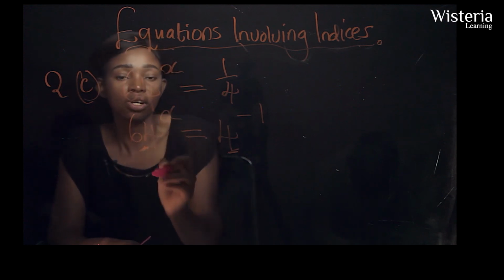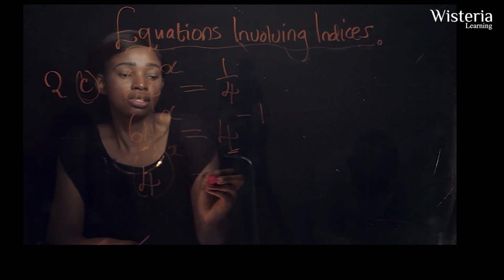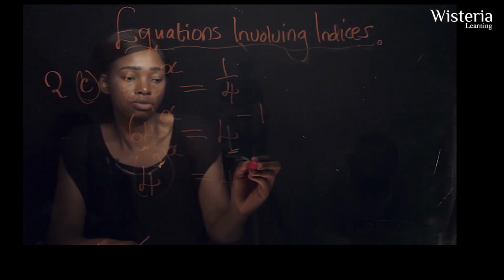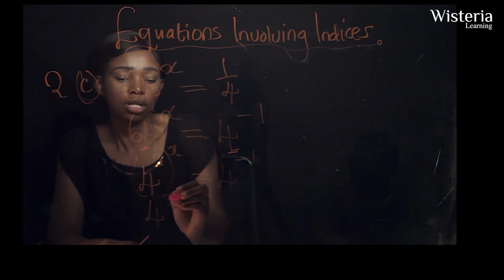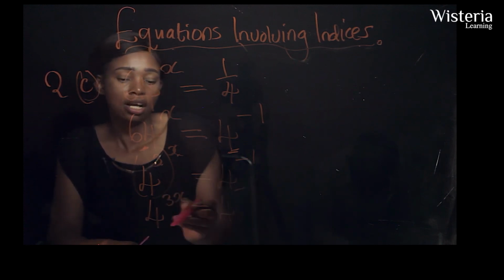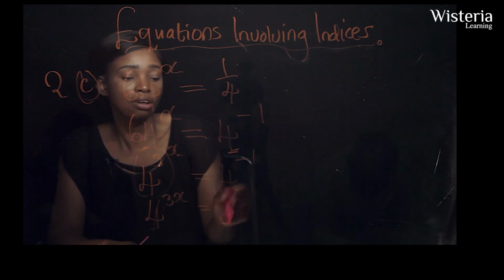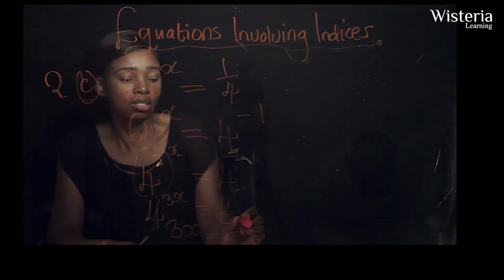So 64 in index form will be 4 to the power 3x, which is equal to 4 to the power negative 1. Here we multiply the index of an index. When we have such a thing, even better for us, we can just divide 4 there, 1, 4 there, 1. So 3x is equal to negative 1.